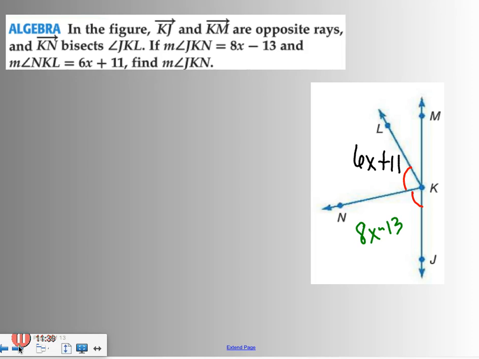So essentially, what do we need to find first? What x is. Does anyone have an idea of how we can find x? Set them equal to each other. Do we agree? This guy equals that guy? Perfect.